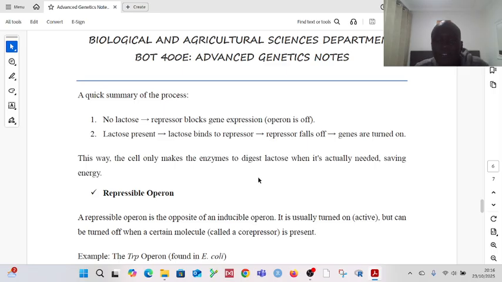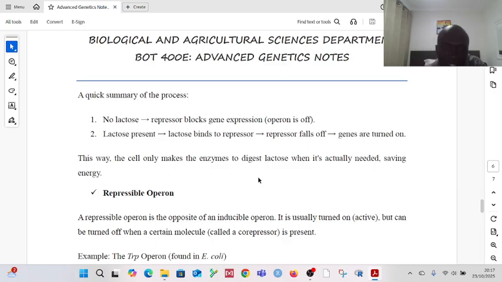Once the repressor has fallen off the operator, the genes will be expressed. So by expressing the genes, we will have turned on those genes. So through this way, the cell only makes the enzyme to digest lactose when lactose is present. So it means it only makes the enzyme when that enzyme is needed. By so doing, it saves energy and it increases efficiency.